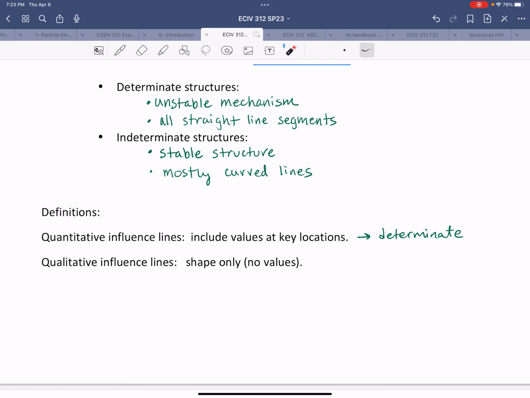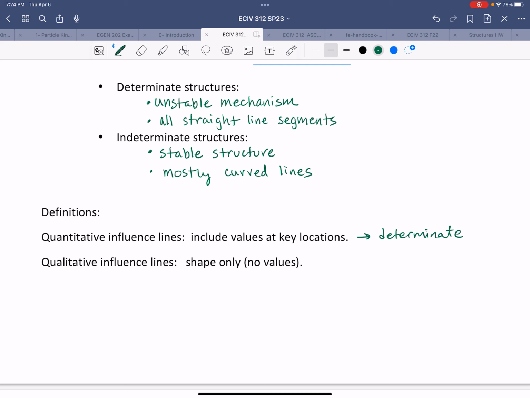In your book, it goes through how to figure the values out for indeterminate structures too, but we're skipping that section, so it's not part of your assigned reading, and we're not gonna worry about that. So in this class, just determinate structures will have quantitative influence lines.